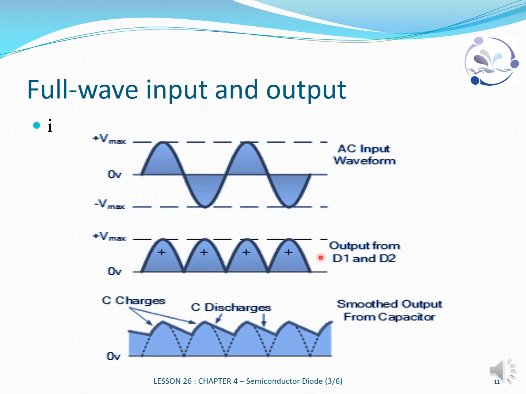This is our output for D1 and D2, meaning this is the output before a filter capacitor is connected in the circuit. Now, this output, you see it says smoothed output from capacitor. It is the output when we have the capacitor connected in the circuit.